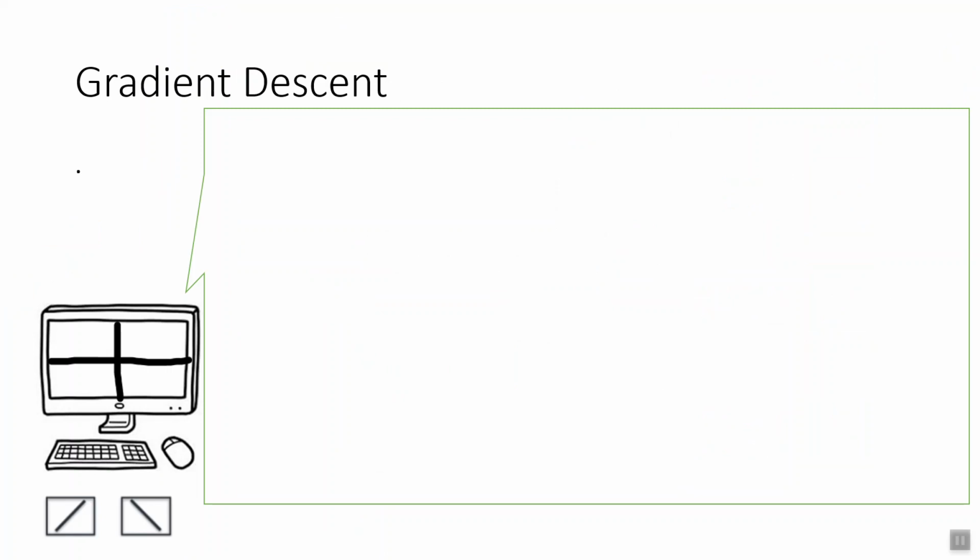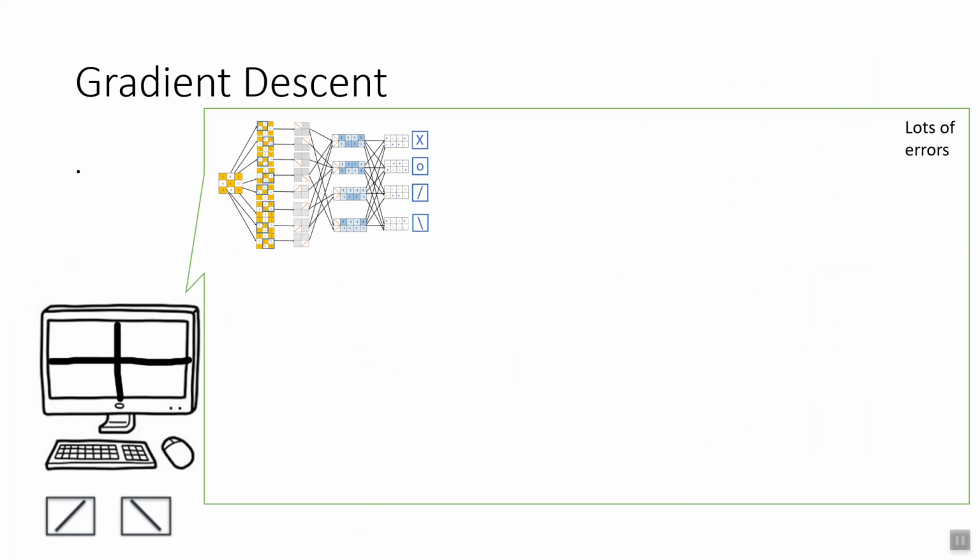In gradient descent we start with some random numbers for everything, for the filter, for the convolution layer, for everything, and it checks that there are a lot of errors, and it tries to move in the direction of having fewer errors.